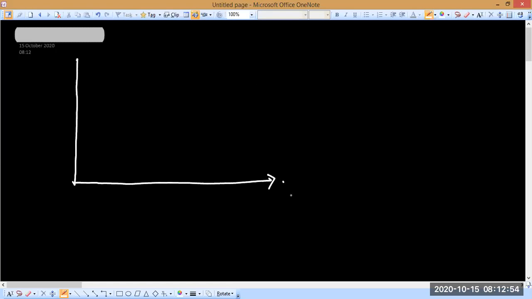So let's say this is the x-axis along the ground, and this is the y-axis vertical, all right? And here is the origin, and we are going to throw, or fire, from the ground, okay? And let's say this object is small, right?